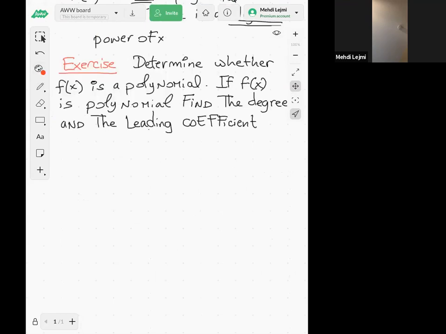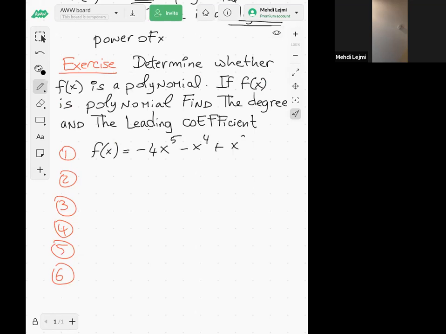So here are my functions, 1, 2, 3, 4, 5, and then 6. First, f of x is -4x to the power 5 minus x to the 4 plus x cubed plus 2. Then f of x is -2x cubed minus x to the power 7 plus 2x minus 1.